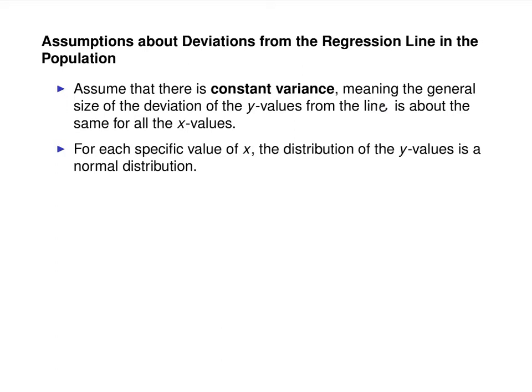Now, when talking about regression, we make a couple assumptions about how this regression line works. And one of them is that you assume constant variance. And this means that the size of the deviation of the y values from the line is about the same for all the x values. So in a picture, suppose you have your regression line, and then you have your data.